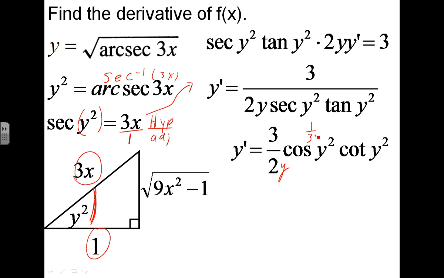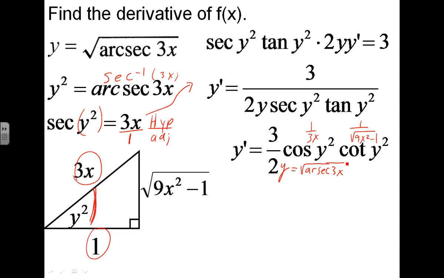The cotangent of y squared, well, that's the adjacent side over the opposite side. That's not too difficult. I'm not making you rationalize any of these. And y, according to the original problem, was equal to the square root of the arcsecant of 3x. I didn't say these answers are going to look nice. I just said that's what they're going to be.